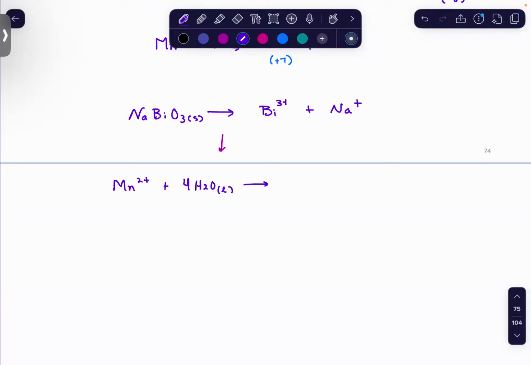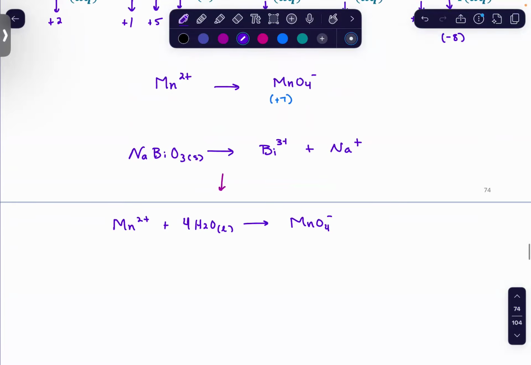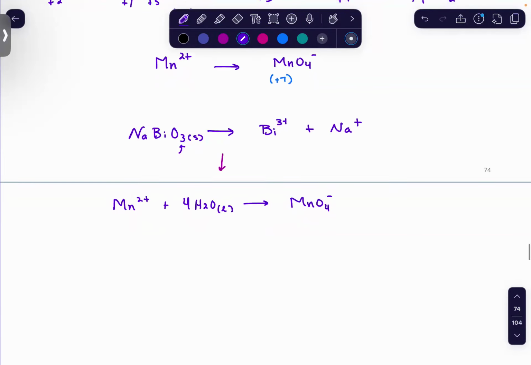And carry liquid through. And you'll notice that balances the oxygens. Then for the bismuth half reaction, I'm going to need three waters on the right because of that three right there.